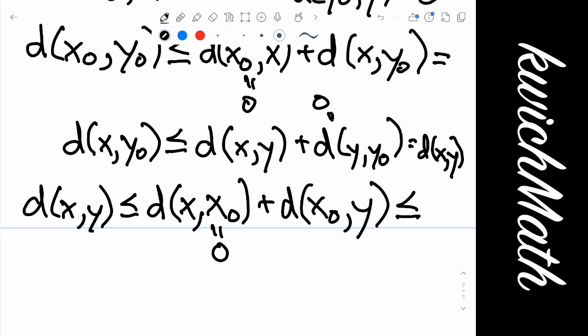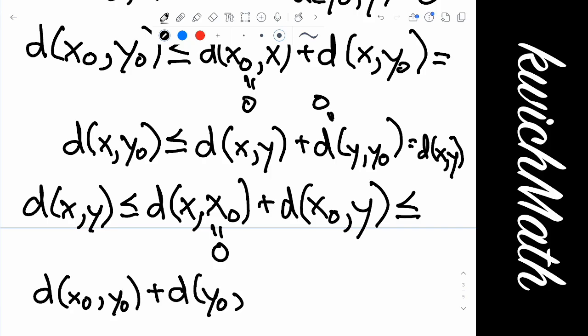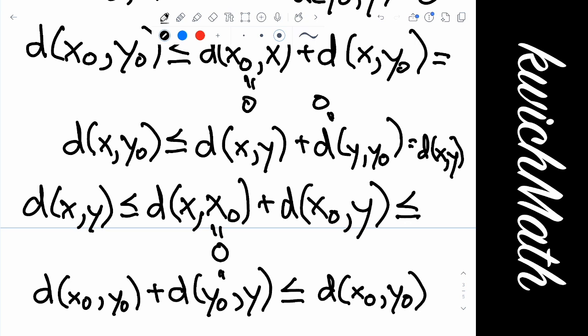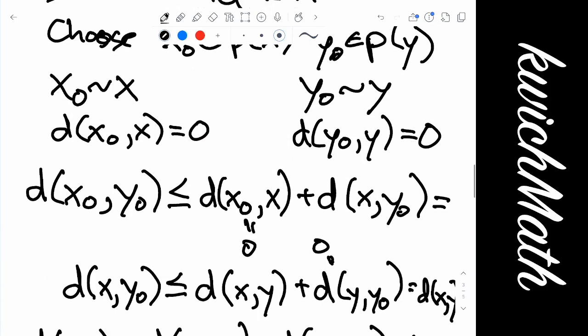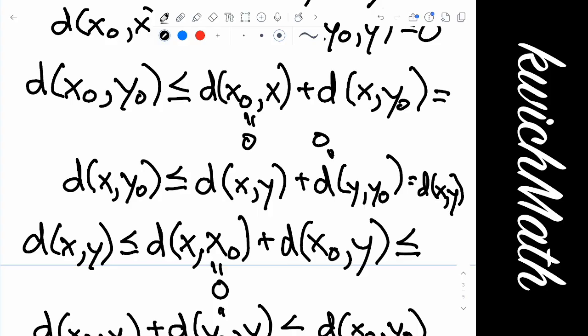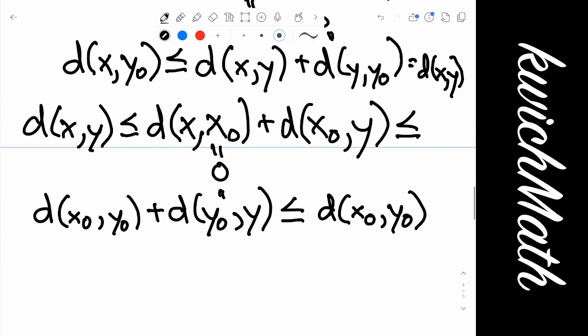All right. Then we can take a detour over y0. So that would be d from x0 to y0 plus d from y0 to y. And once again, this thing is also 0. So what we get is that we just have the distance from x0 to y0. So what have we done? We have shown one inequality there, and we have the opposite inequality here.